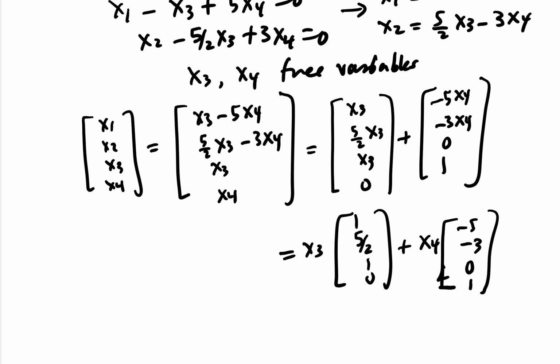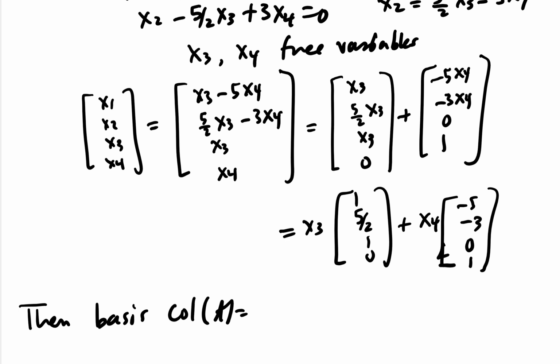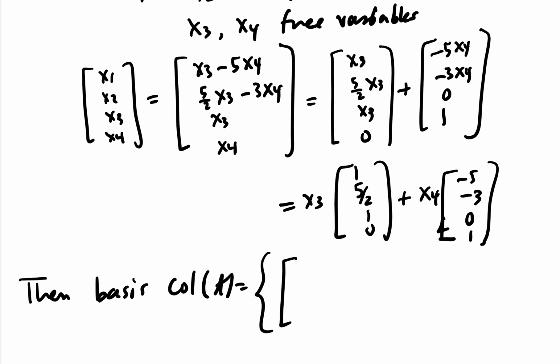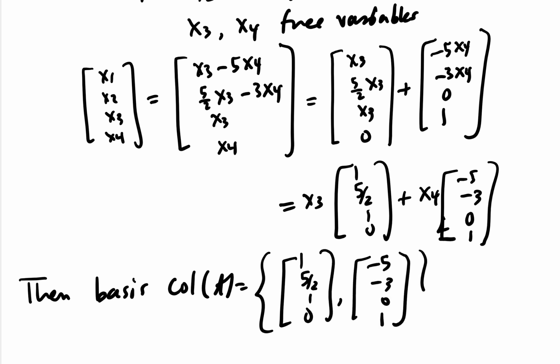Then the basis is these two vectors: (1, 5/2, 1, 0) and (-5, -3, 0, 1). This is something that we learned before. Sorry, this is the null space, not the column space. That's what someone else meant.